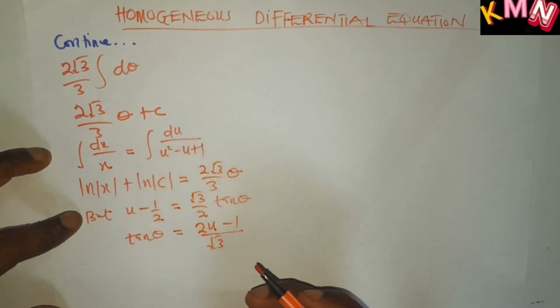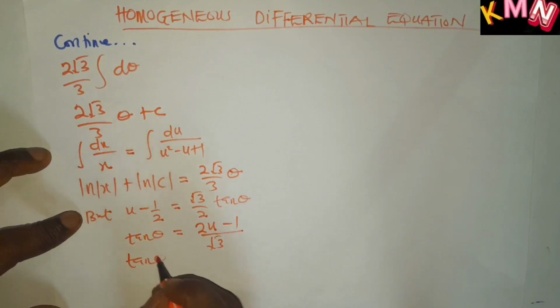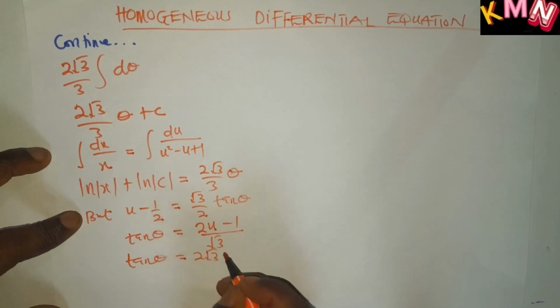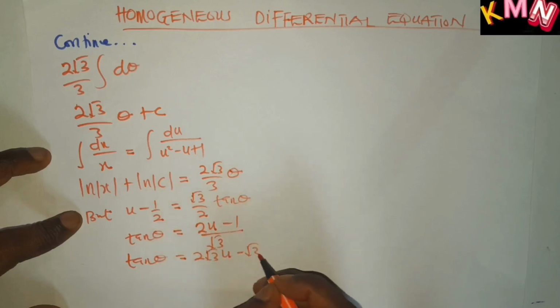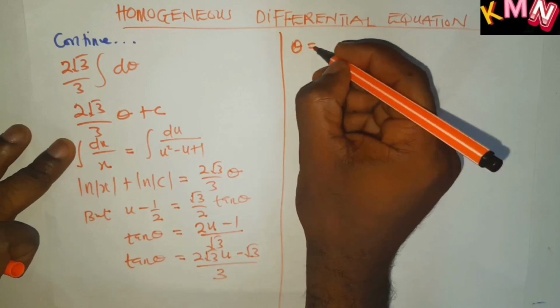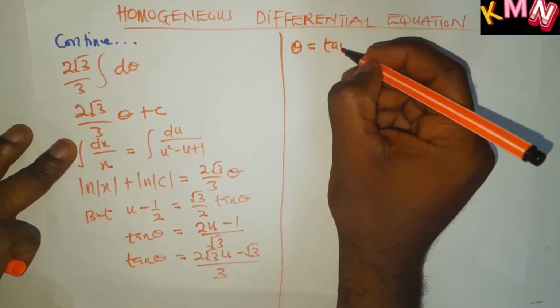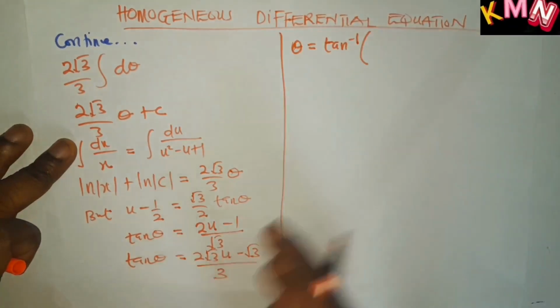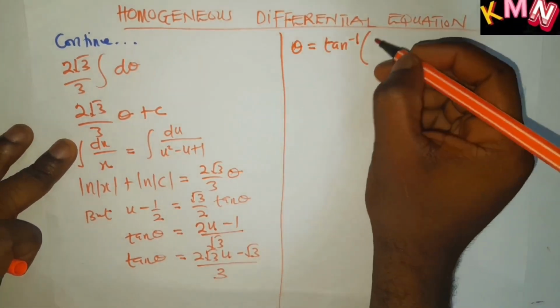When we rationalize this, we are getting tan theta equals 2 root 3 u minus root 3 on 3. Find the theta. Theta becomes tan inverse of the whole of this.